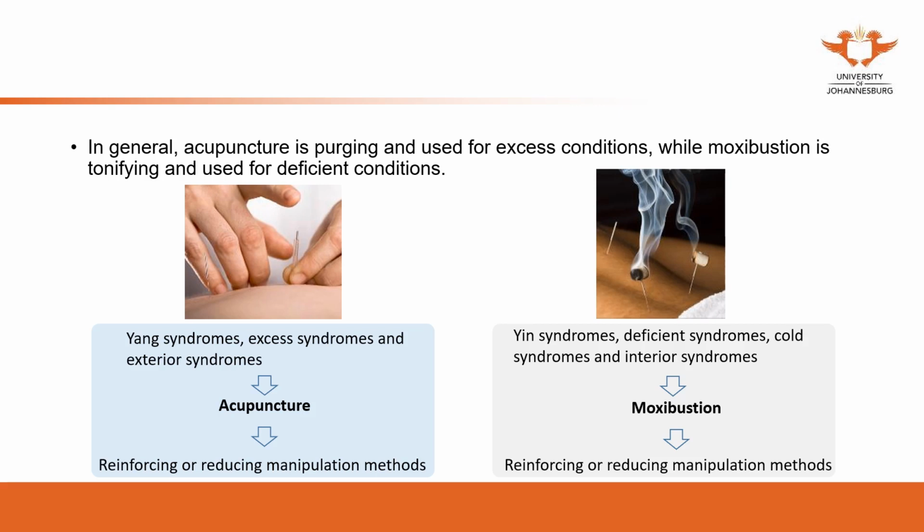When we use the eight principles differentiation methods, we also need to be very careful about true and false, the true heat or the true deficiency, and false excess, because you need to identify the root causes. Otherwise, you're going to make mistakes. The treatment principles are based on the syndrome. So we need to identify the syndrome clearly, the root syndrome, the true syndromes.